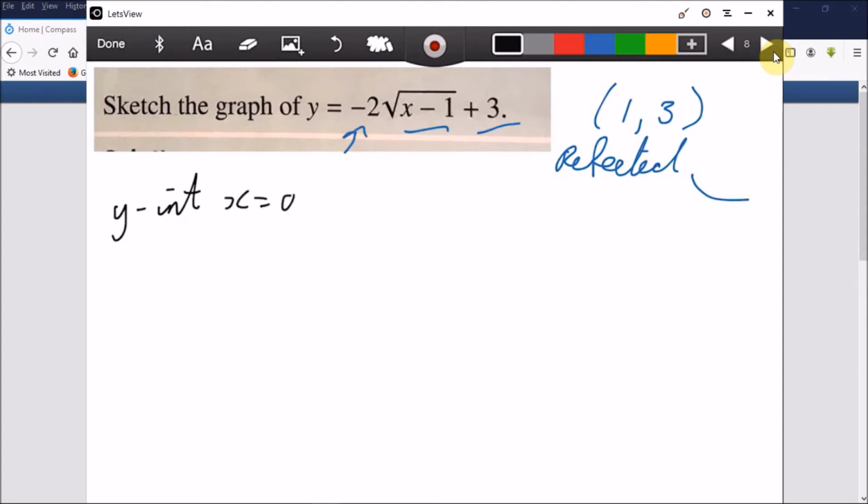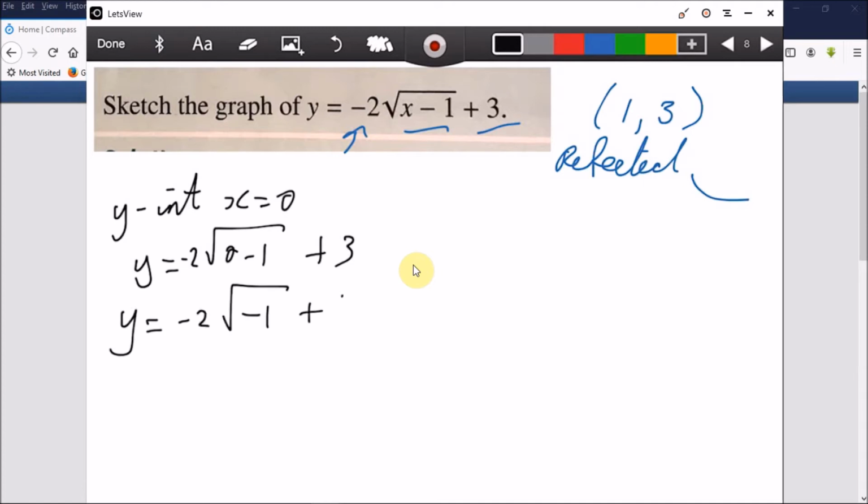X equals 0. And the y equals negative 2 square root of 0 minus 1, plus 3. Y equals negative 2 the square root of minus 1 plus 3. Now we've got a problem here. And the problem is we're taking the square root of negative 1.